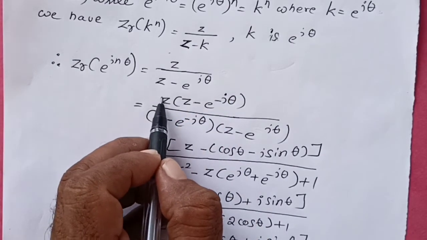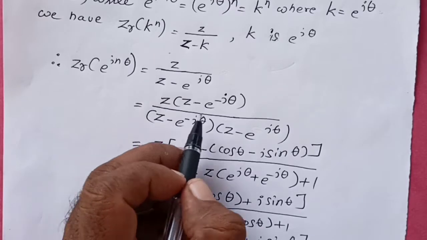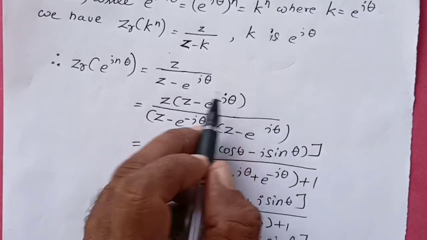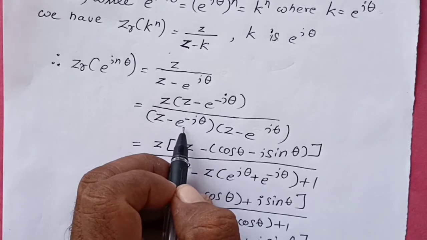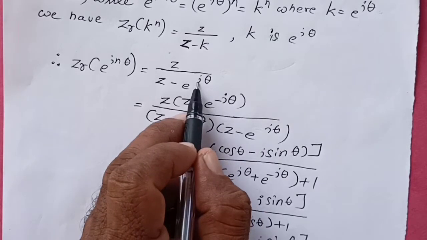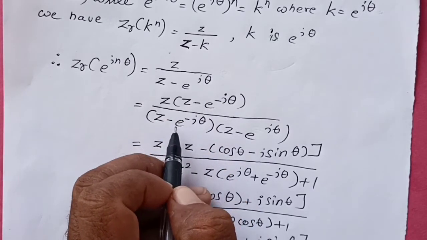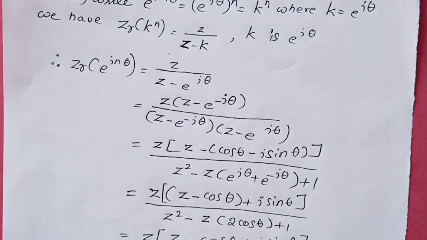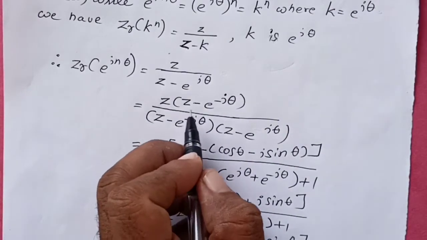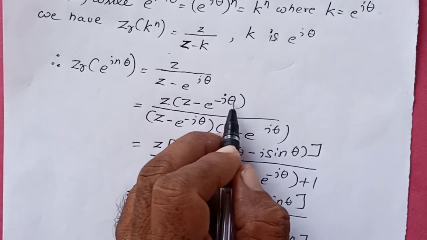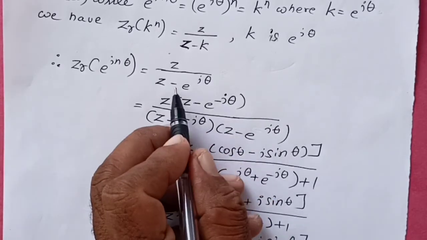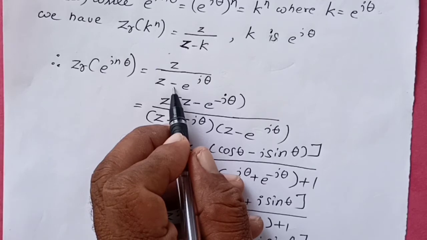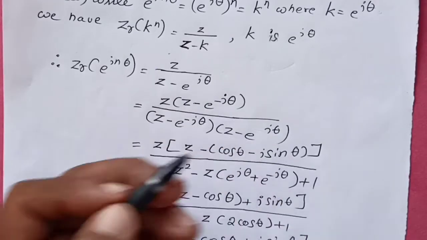Now multiply and divide by the conjugate: z minus e raised to minus i theta. Here i theta is there, so multiply by minus i theta, conjugate z minus e raised to minus i theta divided by z minus e raised to minus i theta, and this is already present, z minus e raised to i theta.